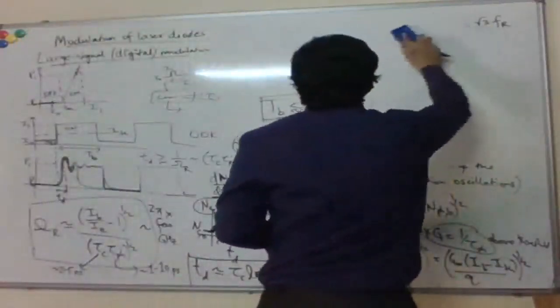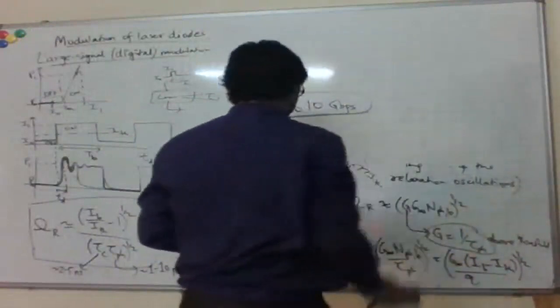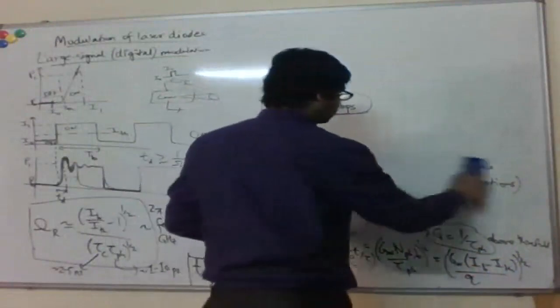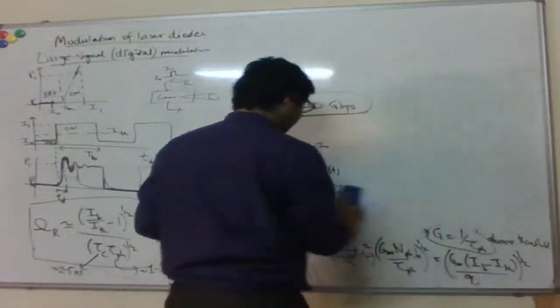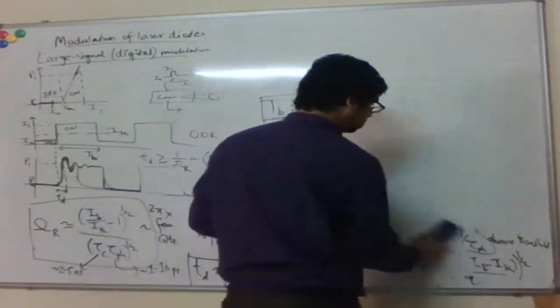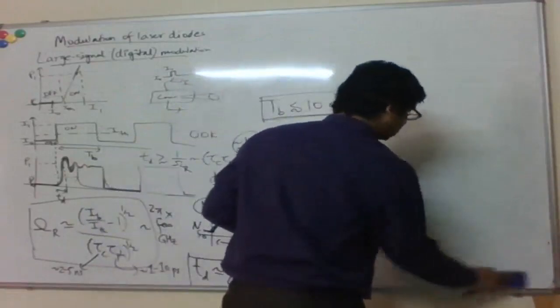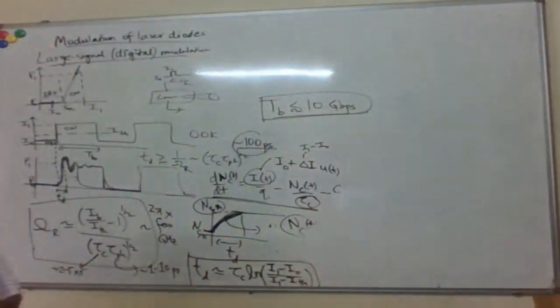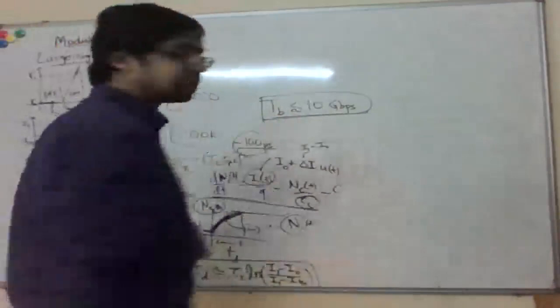So we'll briefly discuss that also after this. These electro-optic modulators, you probably studied about them in your optical electronics course, for example. So with those external modulators, you can go up to higher speeds, maybe even up to 100 gigabit per second.